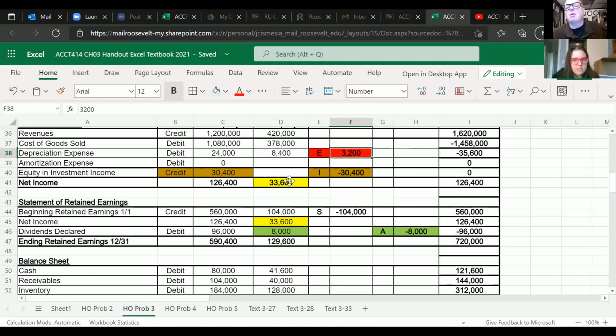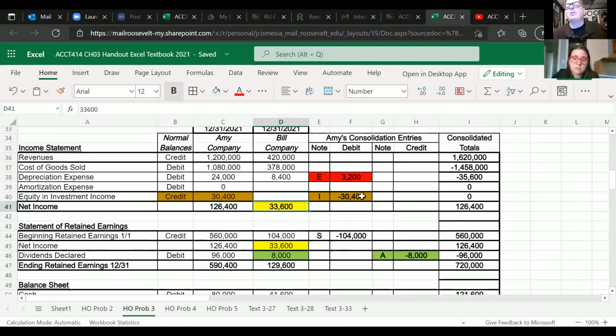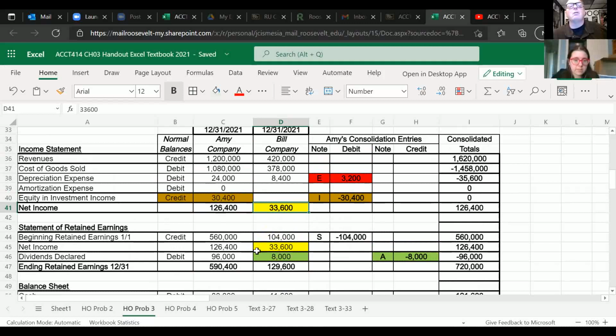The dividends, it's right here, 33. I think the retained earnings should be the 590,400. This should be the ending retained earnings under the consolidated totals.